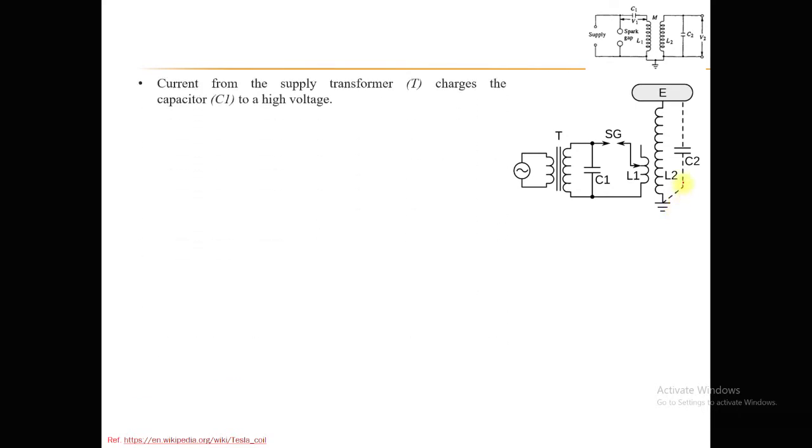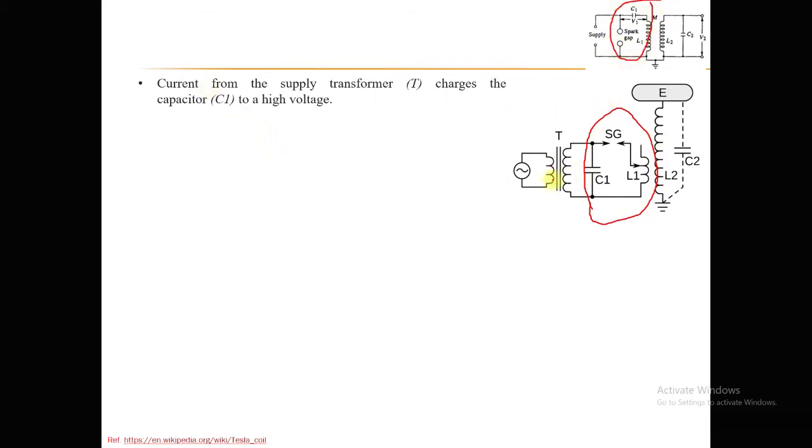Let us see how exactly it works. Here T represents the supply transformer. The current from this supply transformer will charge this capacitor C1. You can represent this primary side either this way or this way; in both ways it is correct.